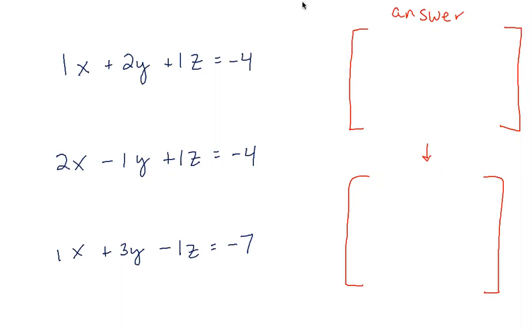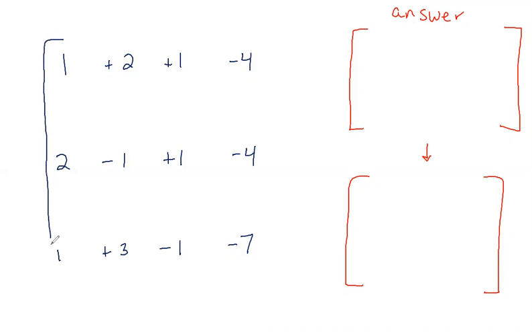What I'm going to do now is erase the variables. That will create an augmented matrix, and we can do row operations on it to try to put it into a format that will be helpful for us. So now, instead of the regular system, if I just put some brackets around it, we'll have it in an augmented matrix version.